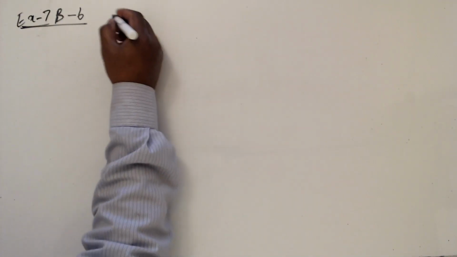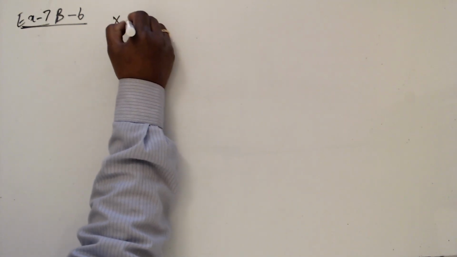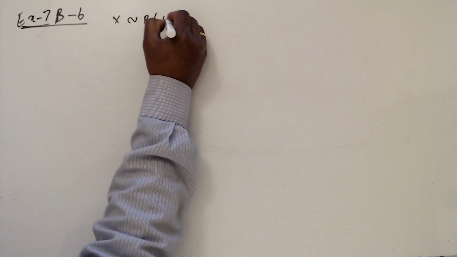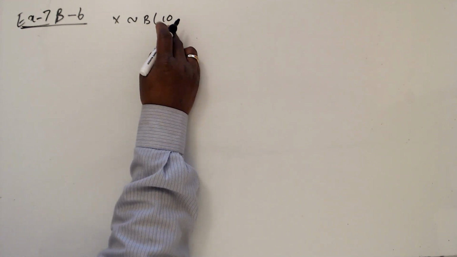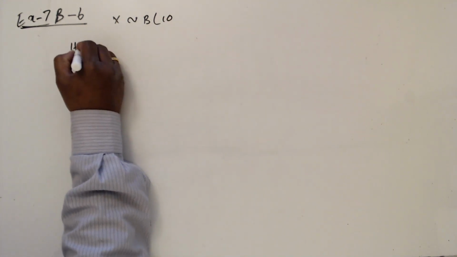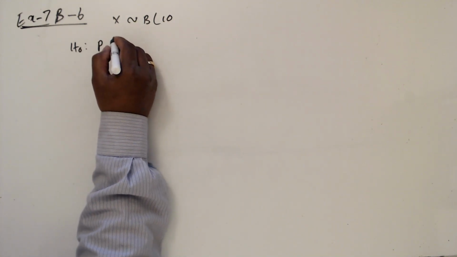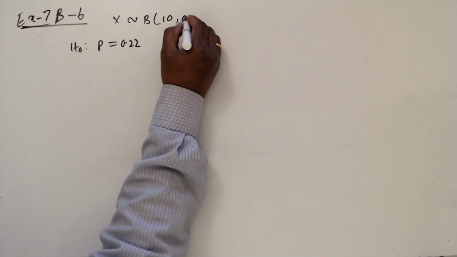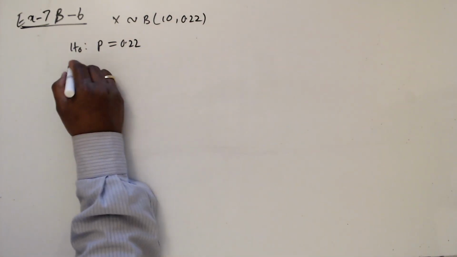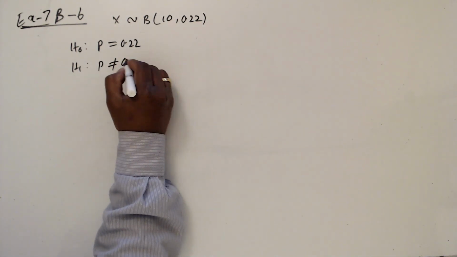Question number 6. They are all the same type of questions now. X follows binomial, the sample size is 10, and H0 is p equal to 0.22, and H1 is p not equal to 0.22.